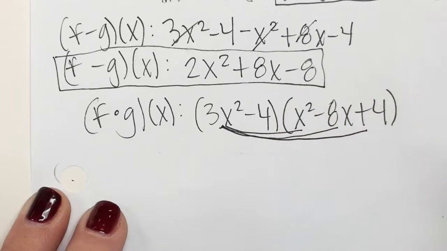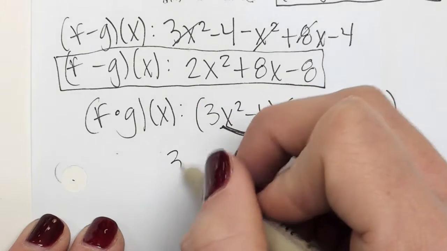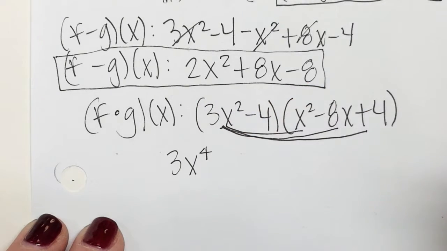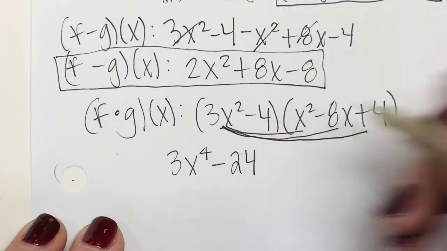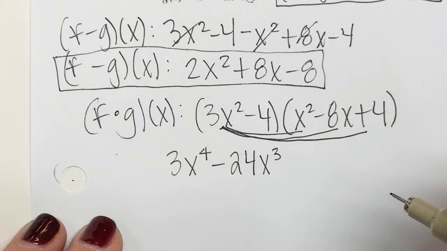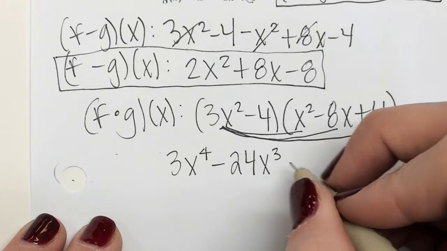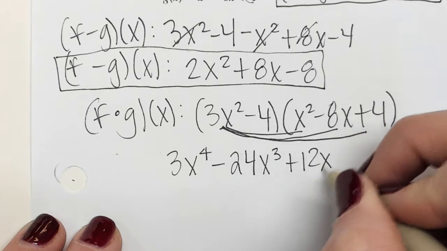So, Bryant, what would my first term be? 3x to the 4. Very good. Alright, Abigail, my next one. Negative 24x cubed. Very good. Alright, Sawyer, my next one. 12x squared. Good.